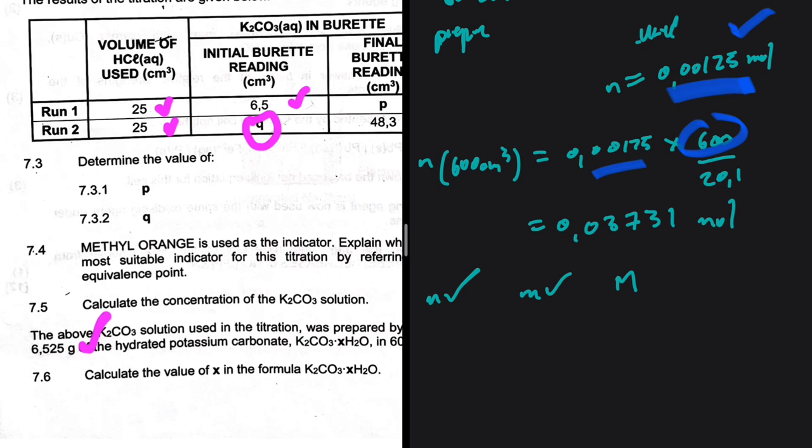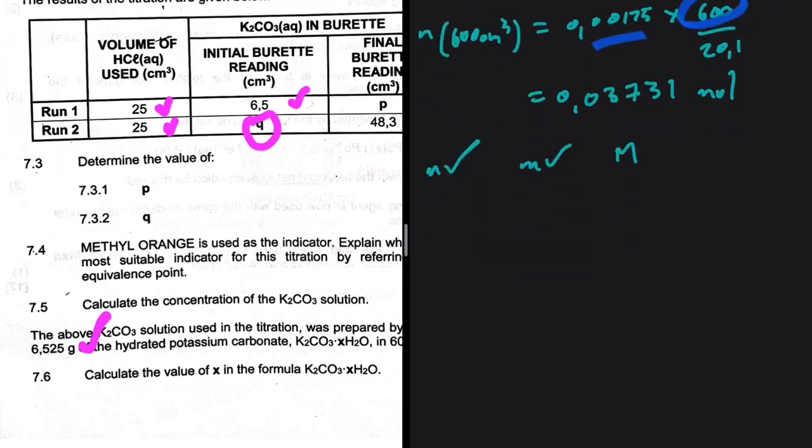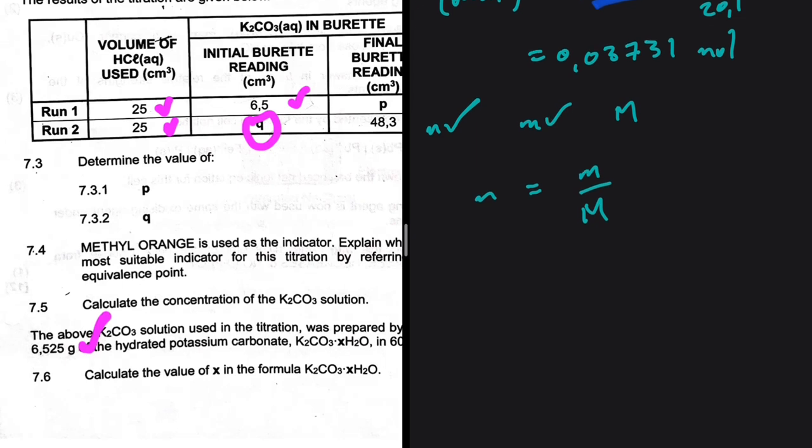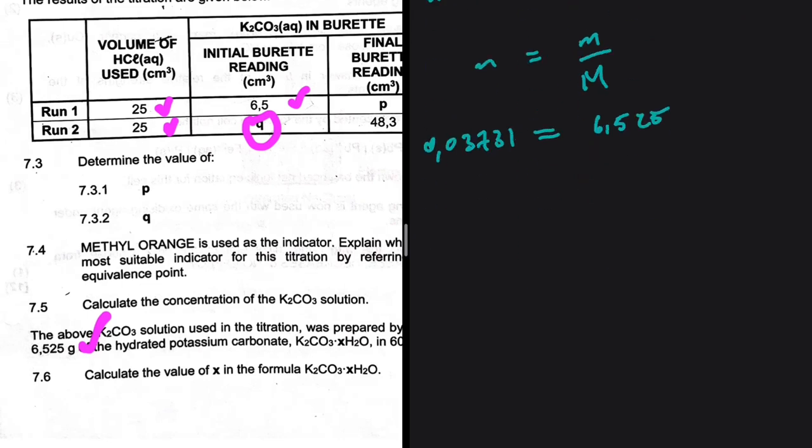This is how I want to find X. So I'm going to say that number of moles is equal to mass divided by molar mass. The number of moles that we find in 600 centimeter cube is 0.03731. The mass used is 6.525. So here, in place of molar mass, is where the X is going to come into play, and we will try and find it.